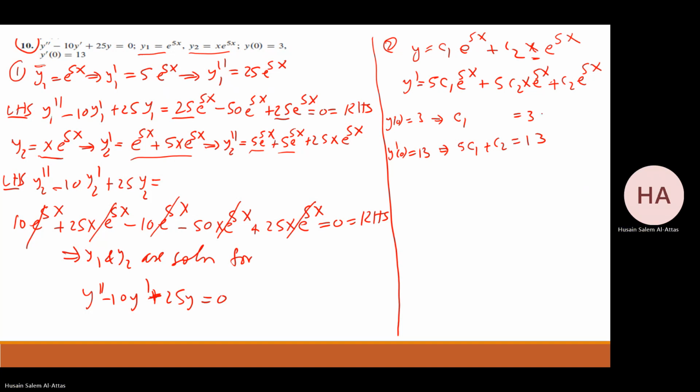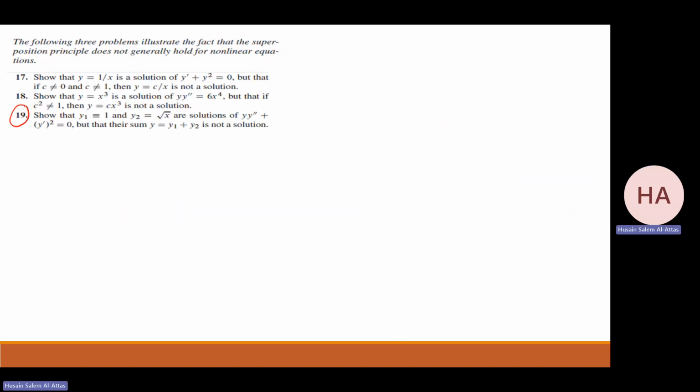Okay. So I plug this here. I have 15 plus c2 equals 13. So c2 equals minus 2. So it will be my solution. Y will be 3 e to the power 5x minus 2x e to the power 5x.